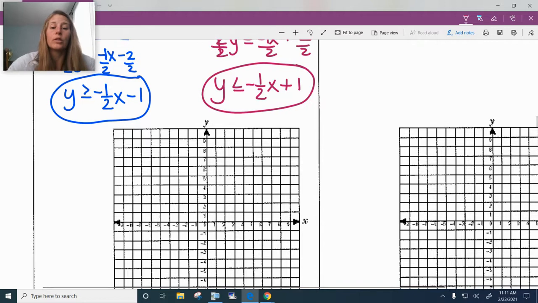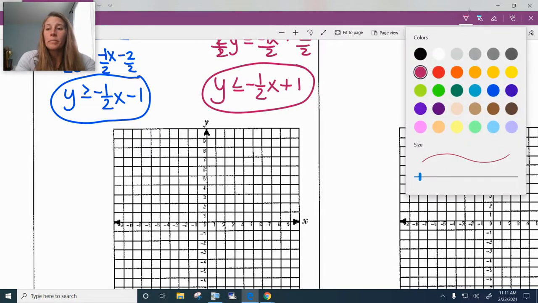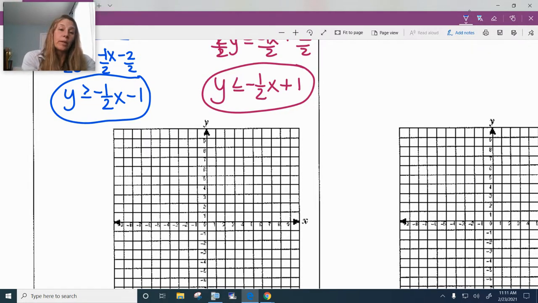So I'm going to take these two inequalities, I'm going to graph them. So for the blue one here on the left, I know I'm going to begin at the -1, and then my slope is down 1/2 to the right. So down 1/2, down 1/2, down 1/2. Or I can go up and to the left.